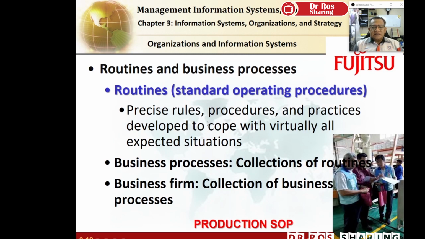So it dictates the exact rules, procedures, and practices to cope with the work setting itself, right? So the business process is basically a collection of routines in order to make the machine work as expected. So this is what they call routines and business process.